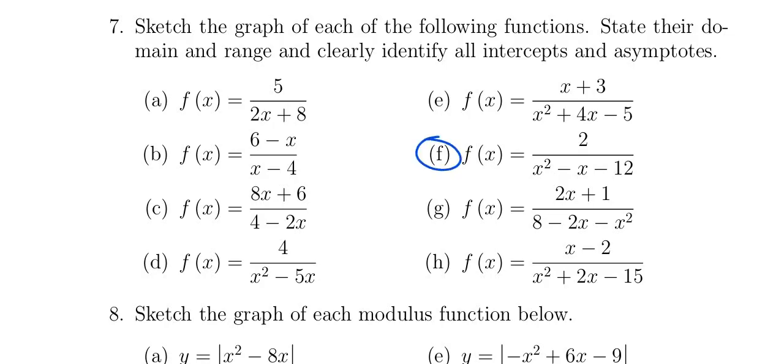So we can just do this and that and that and this. The more you do them, the more you get familiar with the whole process. Is this okay? Yes, it is okay. This is on rational functions. This is basically what you have.